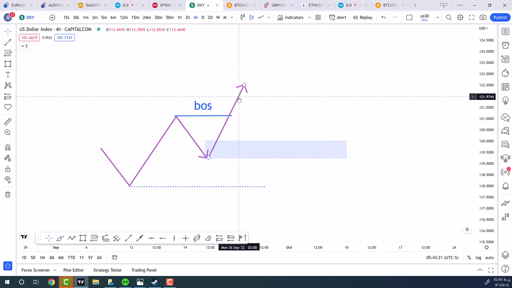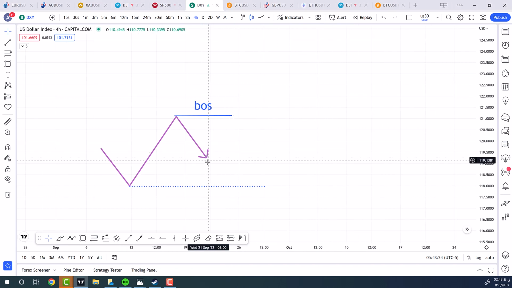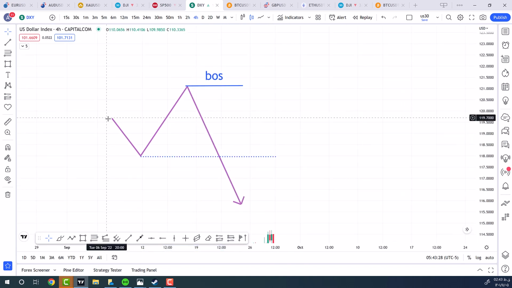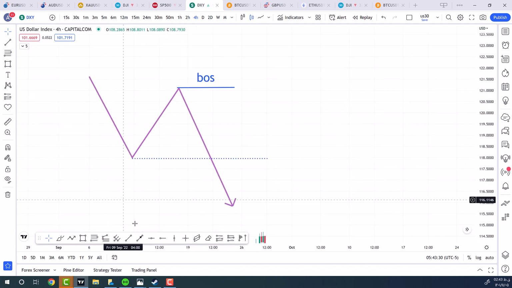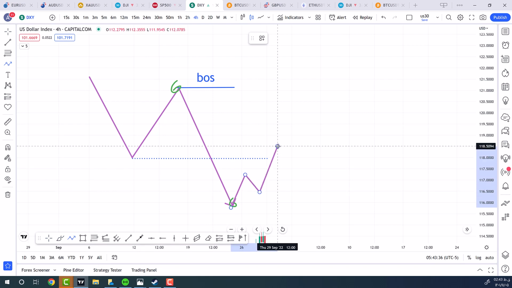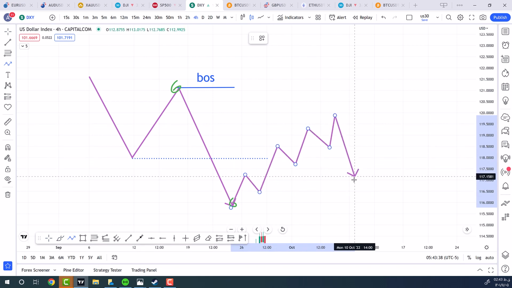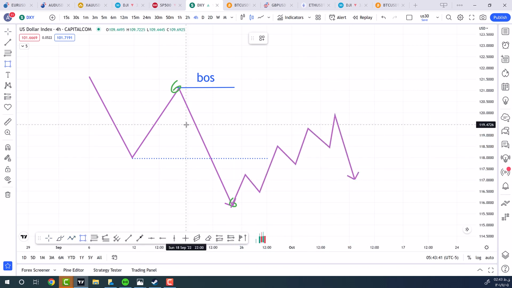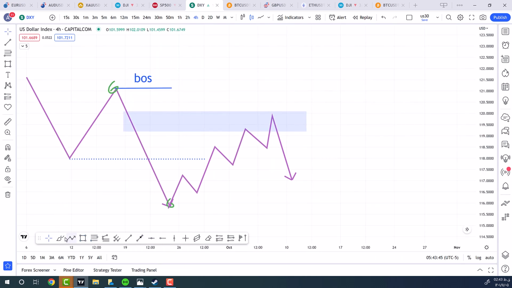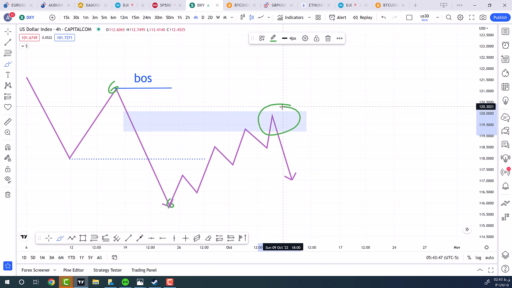And when, for example, it comes down and it breaks the low, we have our high here, we have our low here. When the market starts to retrace, we use our Fibonacci tool to find our right POI. For example, we have a POI here, and we use divergences plus shifts to enter the market here, that I'm going to cover in the rest of the video.